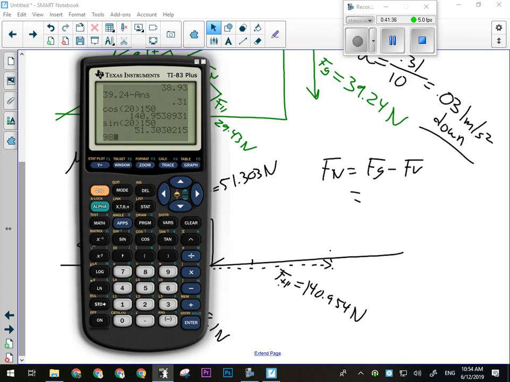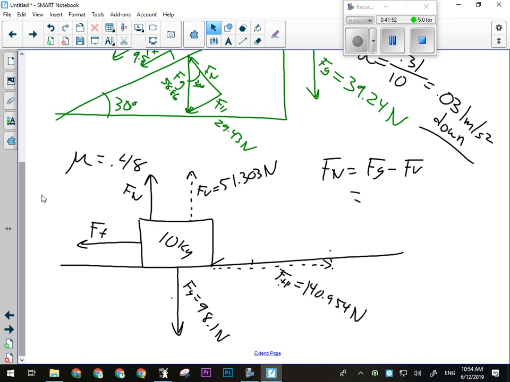So 98.1 minus 51.3. Oh, I could have just done answer. All right, so my normal force is 46.796 newtons. Okay, that helps me get friction in what way? Mu times Fn.